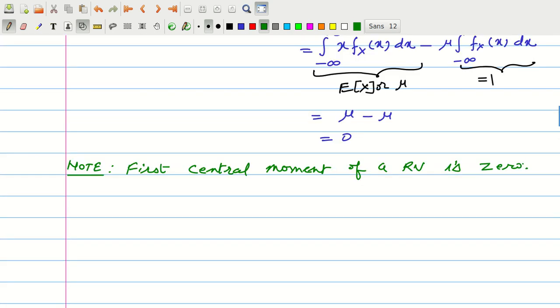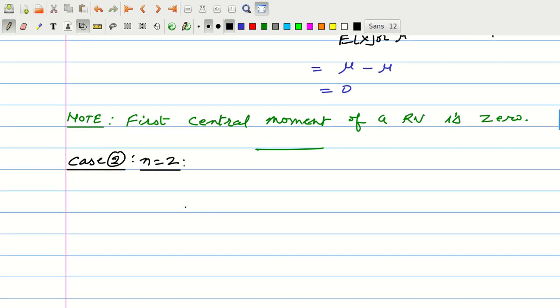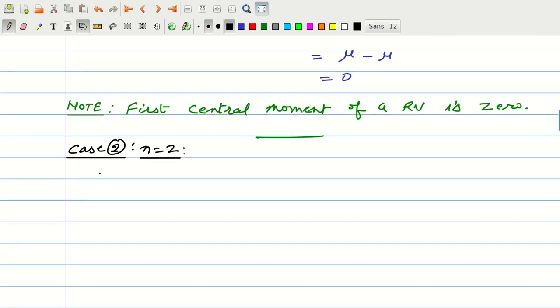Let us now look at the second case when n is equal to 2. When n is equal to 2, we get the second central moment denoted by E of (X minus mu) whole squared.